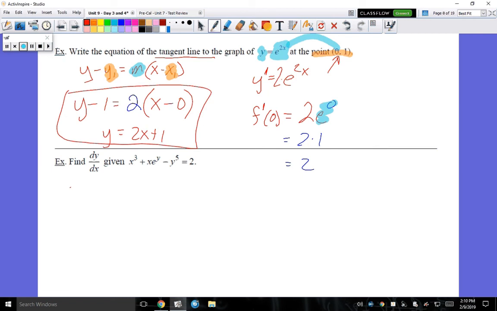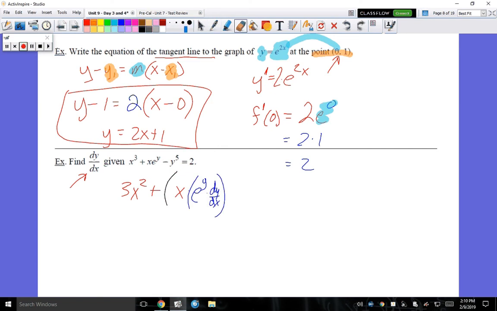Alright, so now let's do this implicit differentiation over here. It is 3x squared plus, here we go with product rule, we have the first times the derivative of the second. Careful. Carbon copy times the natural log of the base times the derivative of the power. Okay?